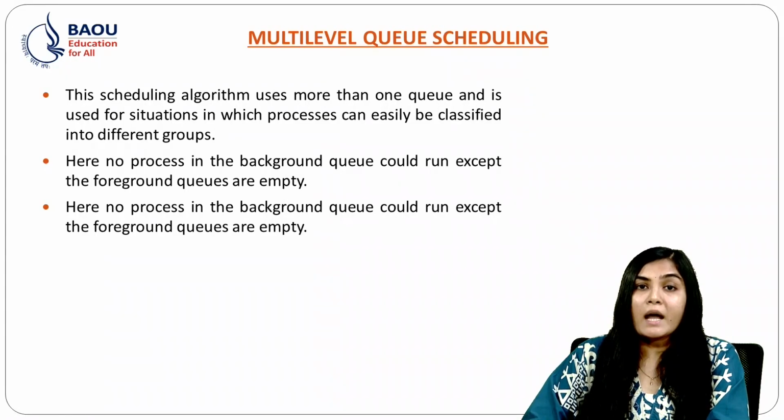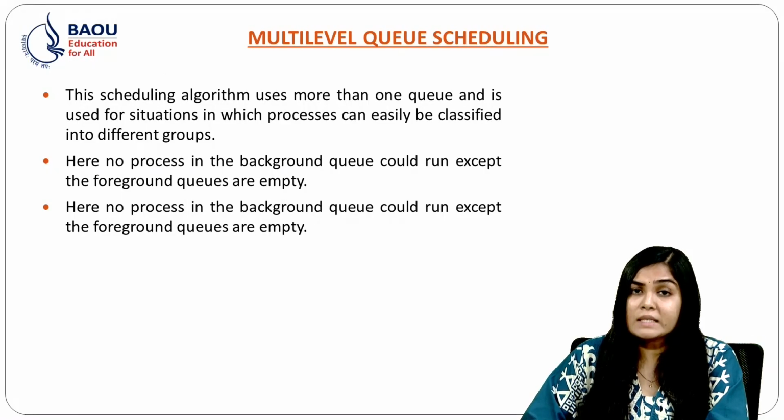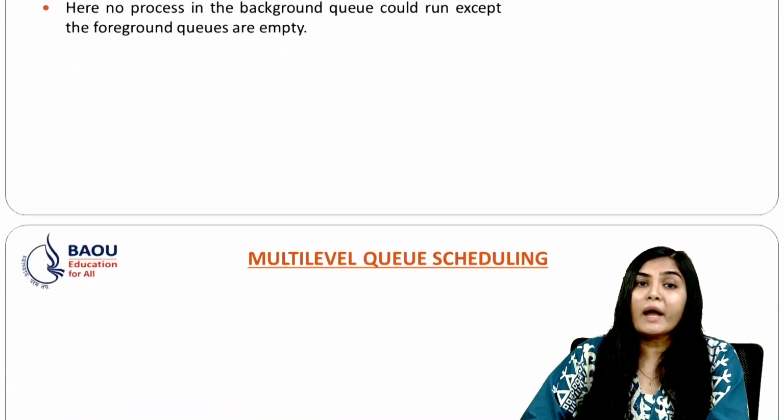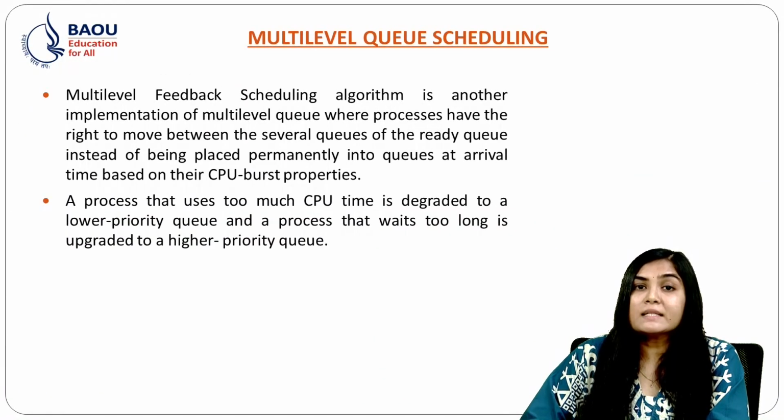If a process entered the foreground queue while a process from the background queue is running, then the background queue processes will be preempted and the new process from the foreground queue gets the CPU, causing possible starvation for the background queue processes. To address this problem, time slice can be used between queues where each queue gets a certain portion of the CPU time, which it can then schedule among the various processes in its queue.